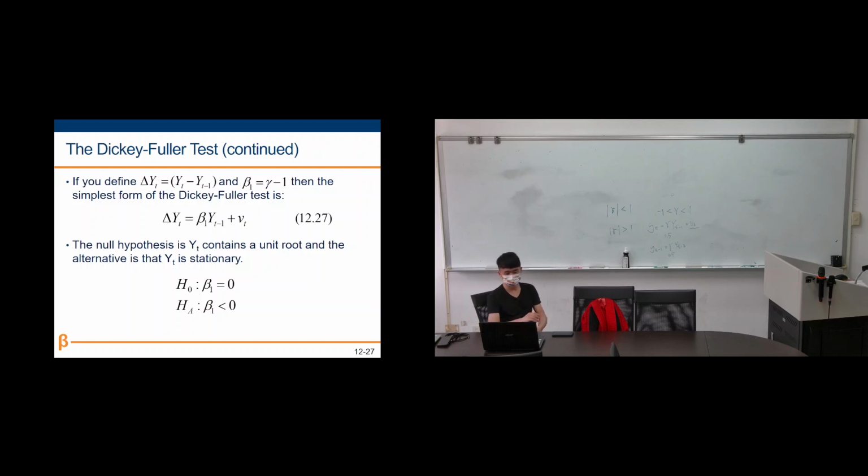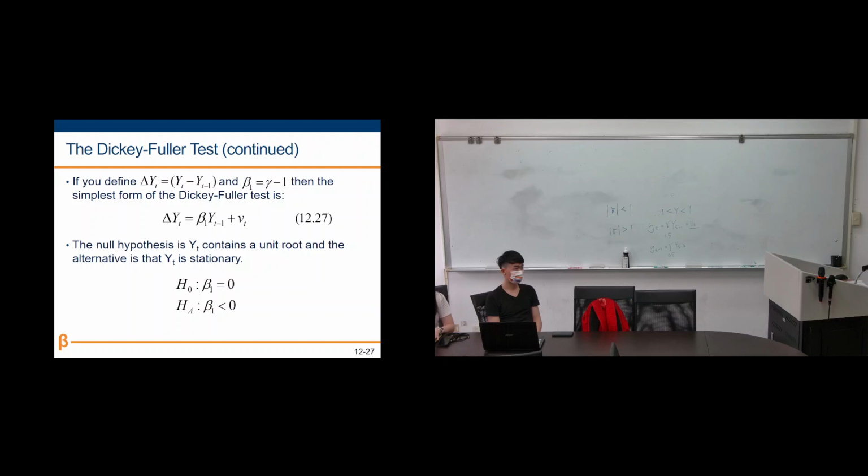And we're checking less than 0. If beta is less than 0, what does that mean? Less than 0 means the absolute value of gamma is within 1, which is stationary.